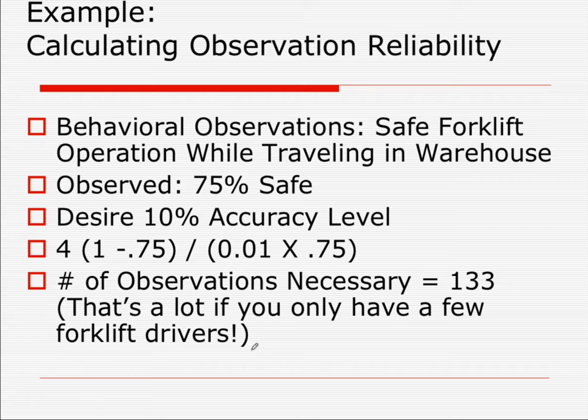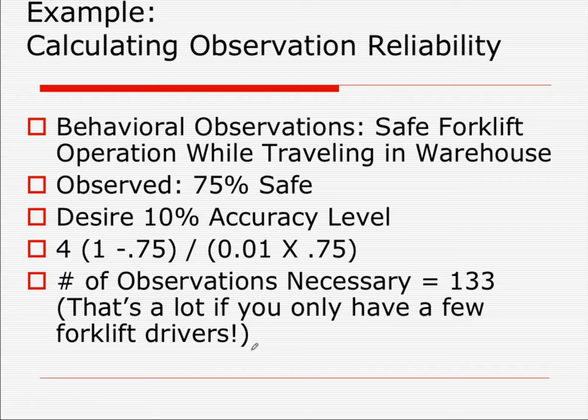And when we take behavioral inventories or when we're doing observations, because the reason folks may take risks driving forklifts in one area of the facility could be different than another area of the facility. So here we have a nice, precise, specific behavior that we want to observe, and it's safe forklift operation traveling in a warehouse. Let's say we went out, we took some observations, and of the observations we had 75% safe.